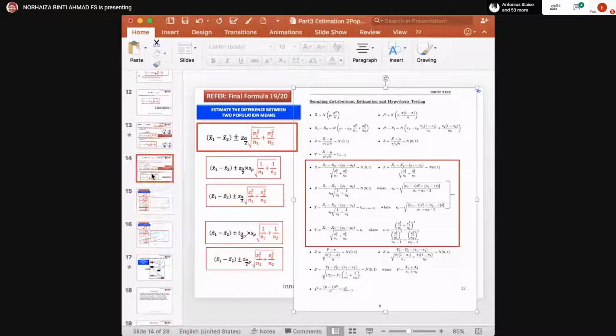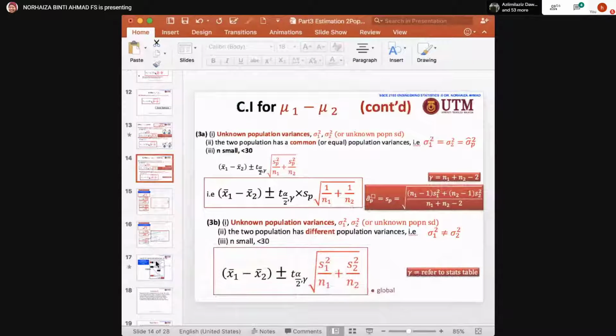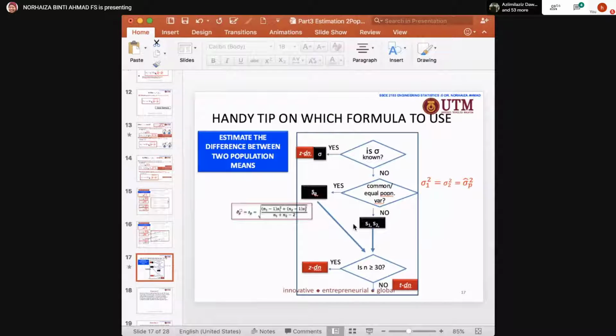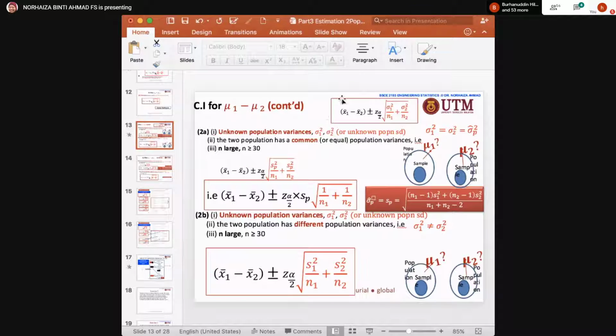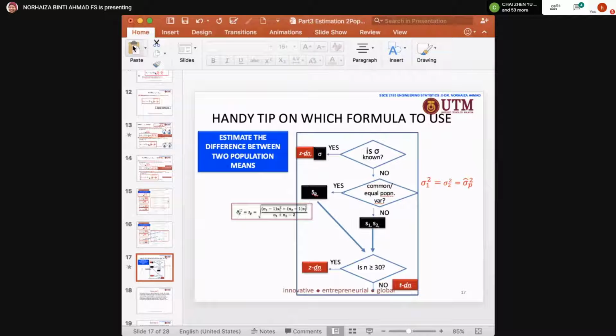Okay. So to summarize, this would be the algorithm that you should look for. This is your basic formula.